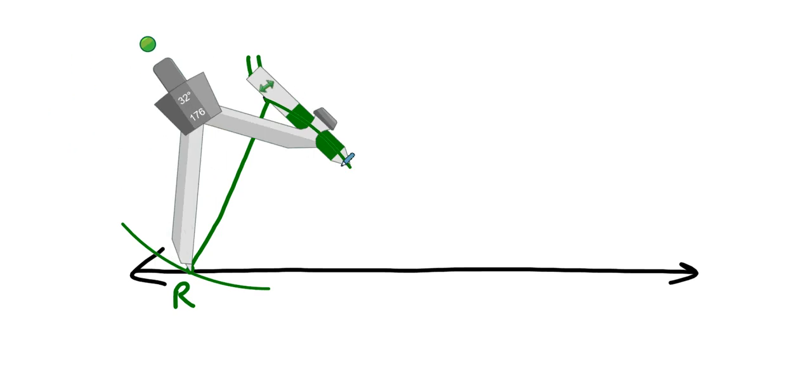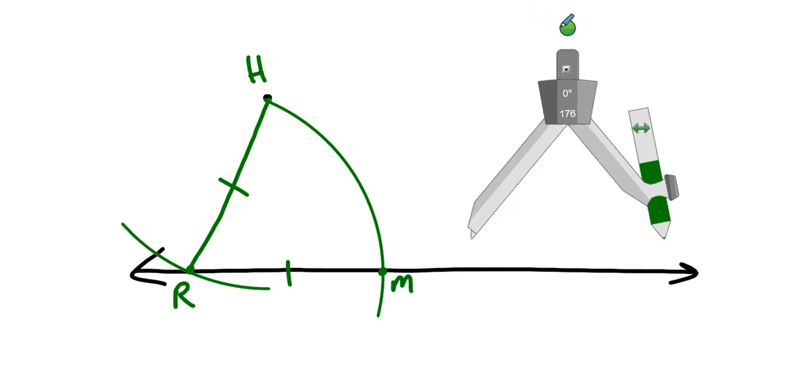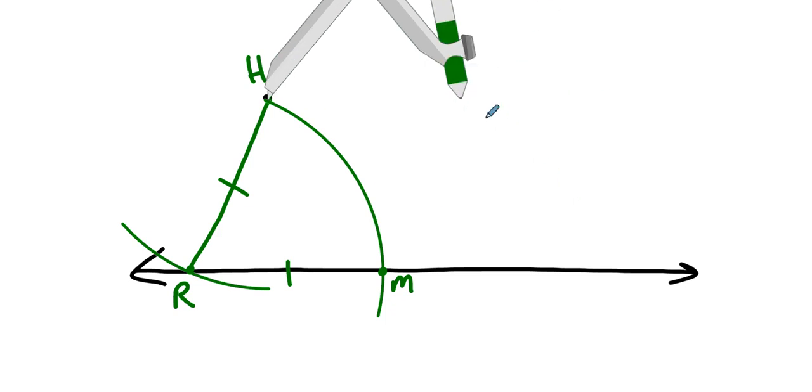And how do we do that? Well, if we swing an arc down like this, then this point is point M, and we're not changing the length on the compass there, so we know that this is congruent to that. And then we've just got to figure out where O is. It's going to be somewhere out here. How do we know where it is? Well, we know that all the sides of a rhombus are congruent. So we can start here.